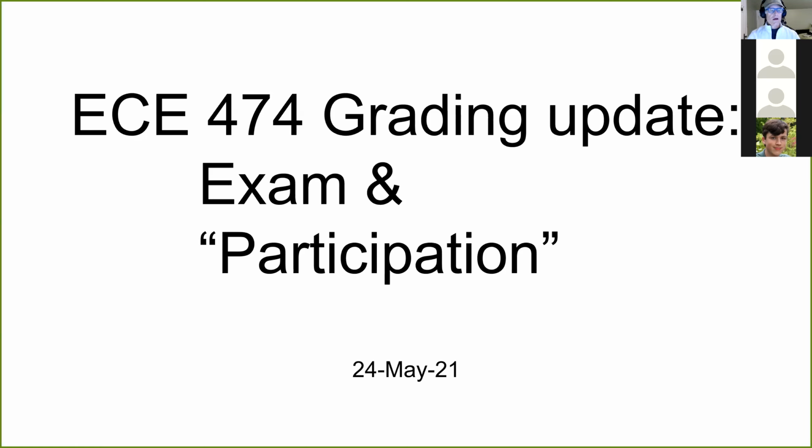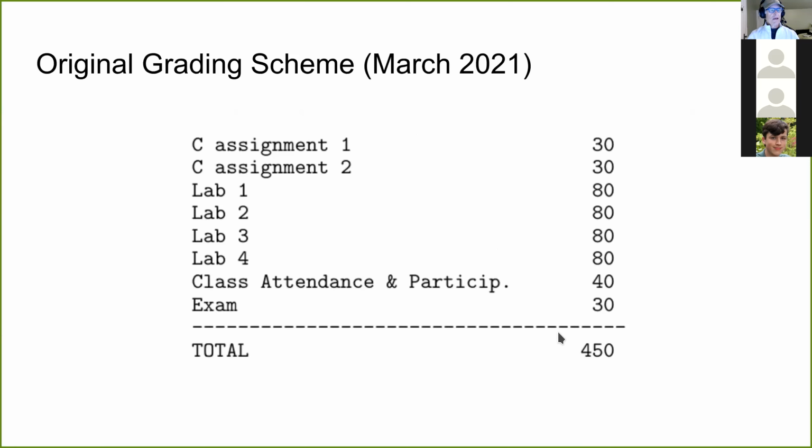Okay, so looks like you should be able to see the screen, and this is the update on both the exam and the participation grade. So going into this quarter, I announced this breakdown of points for the class, and mostly we've stuck to it, but there's a couple of issues coming up that we ought to talk about.